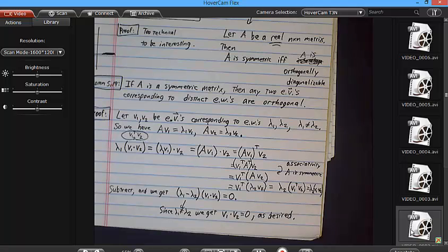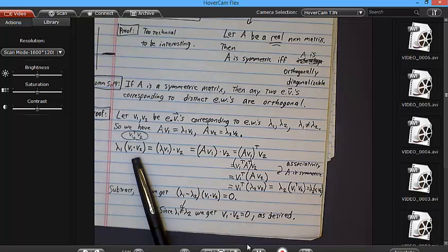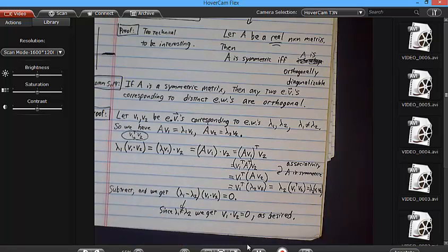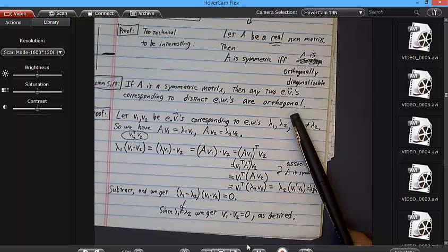Who decided to dot V1 with V2 to begin with? That's the toughest part of the proof. Who thought of doing this in the first place? Well, I think it's very natural to think of V1 dot V2, because what are we trying to prove? Trying to prove that the eigenvectors are orthogonal.